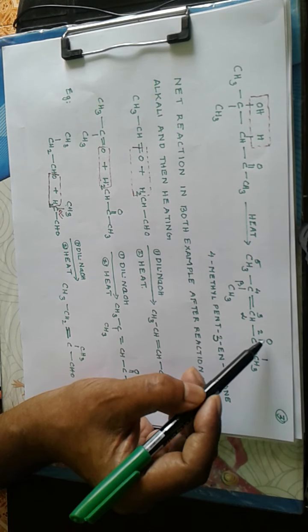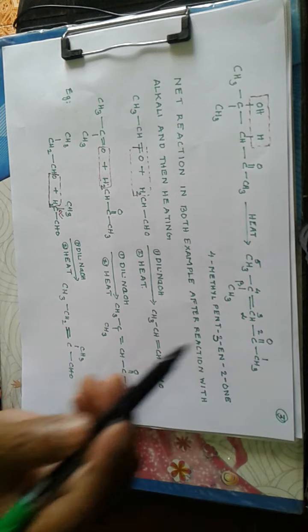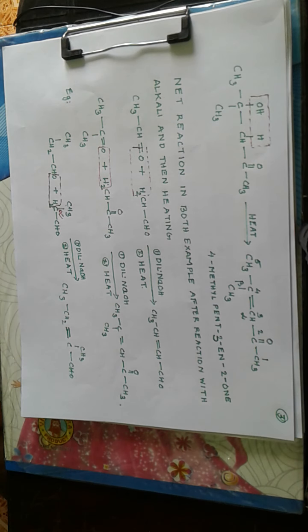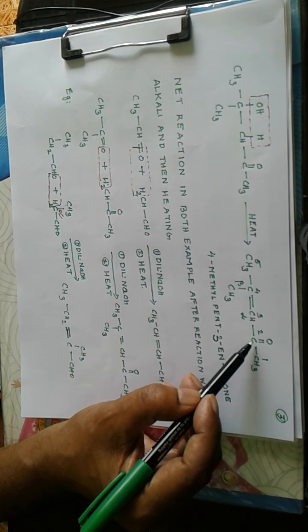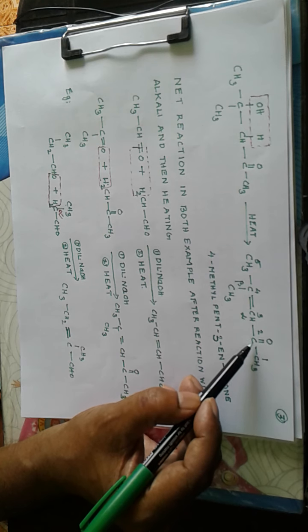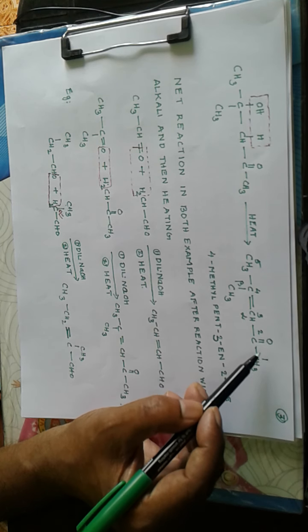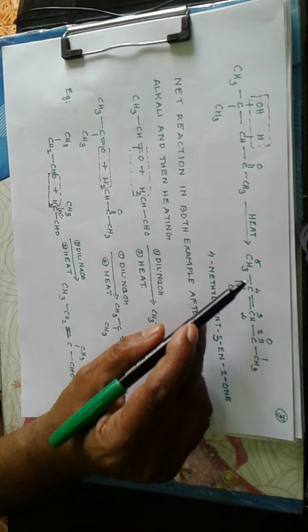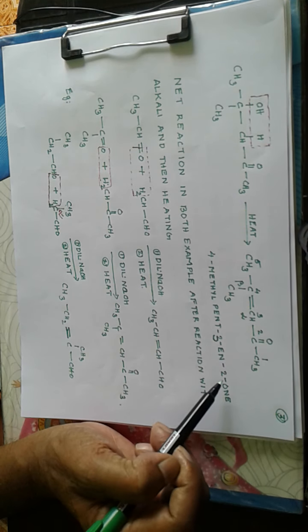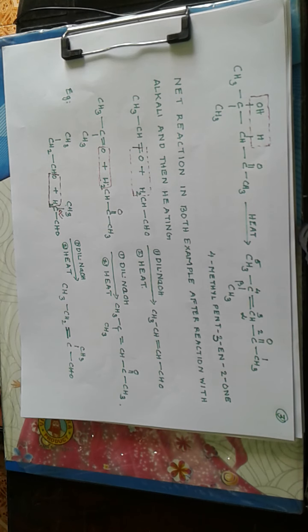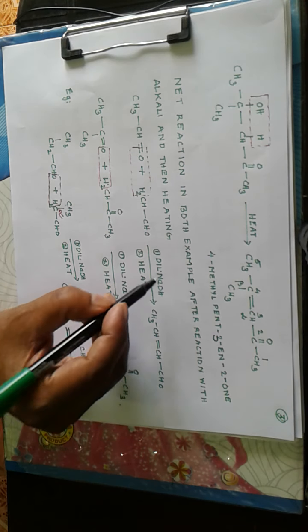With respect to the ketonic group, this is alpha and this is beta, and we get an alpha, beta unsaturated ketone. When numbering the compound, you number in such a way that the ketonic group, which is the main functional group, gets the least possible number, 1, 2, 3, 4, 5. So it is 4-methylpent-3-en-2-one. The net reaction in both examples, after reaction with alkali and then heating, is a condensation reaction.